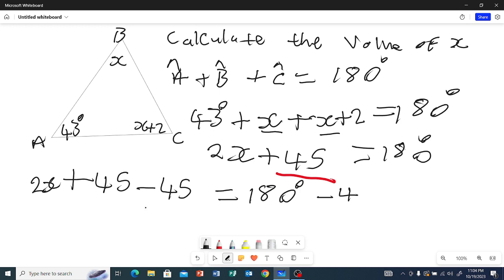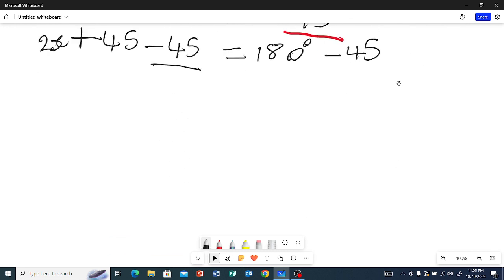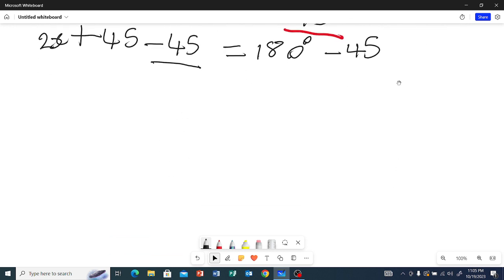So on the left hand side, I decided to subtract 45. On the right hand side, I must also subtract 45. Now 45 minus 45 cancels, and we are left with 2x, which is equal to 135 degrees.